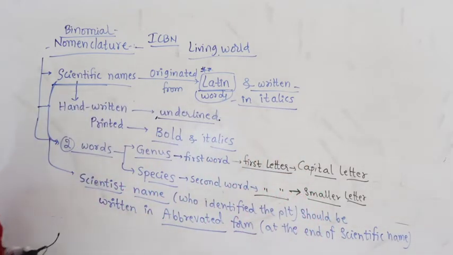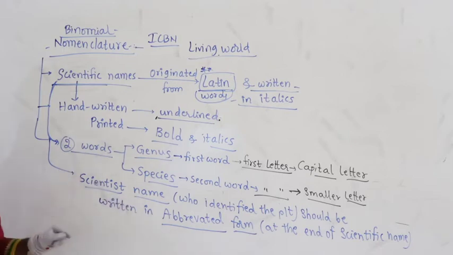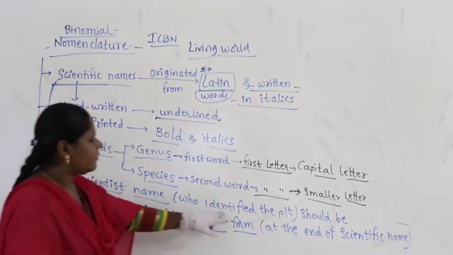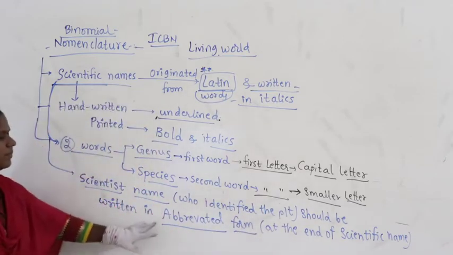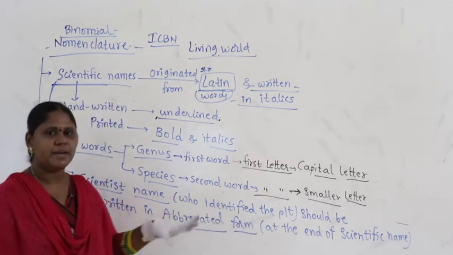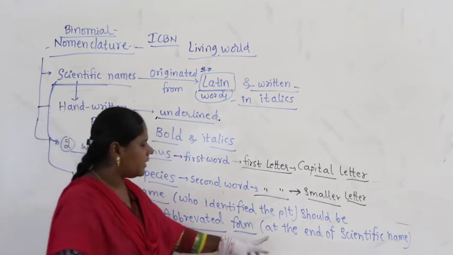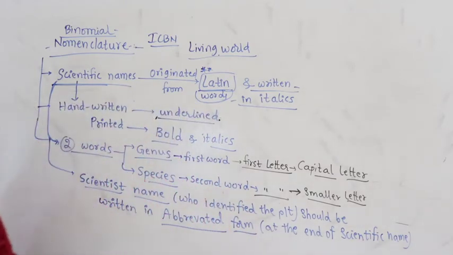What should be the next rule? According to ICBN, the next rule is the scientist name. Who is the scientist who identified the plant? The scientist who identified that particular plant should be written in abbreviated form, meaning in short form, at the end of the scientific name. This is quite easy, this point to remember.